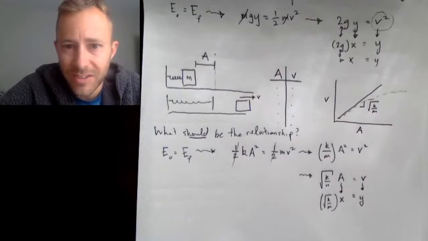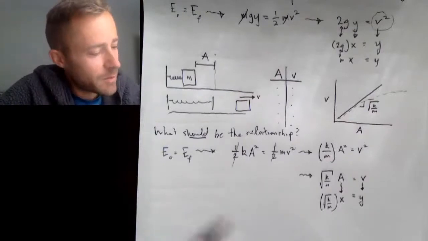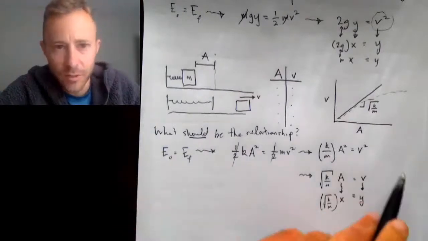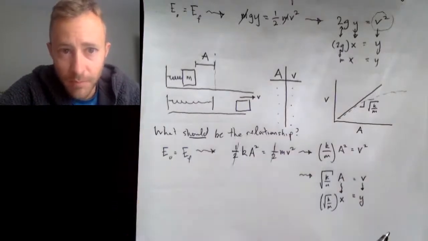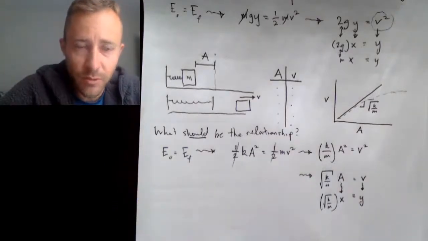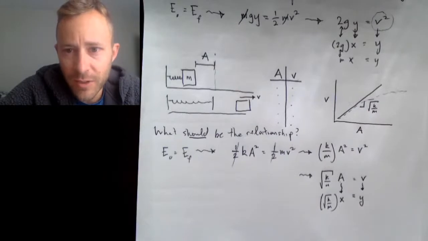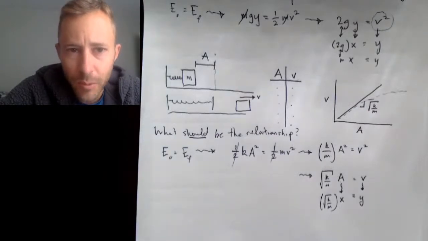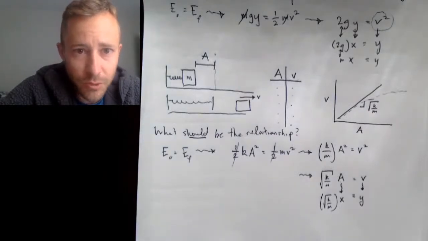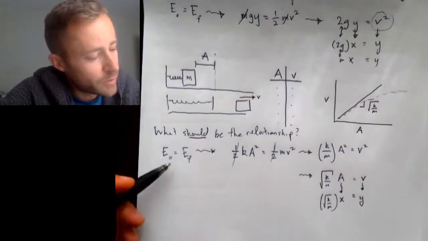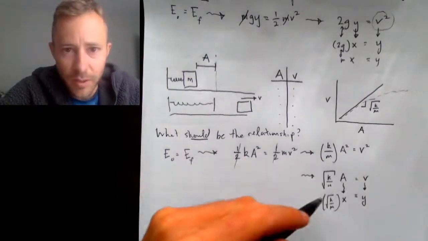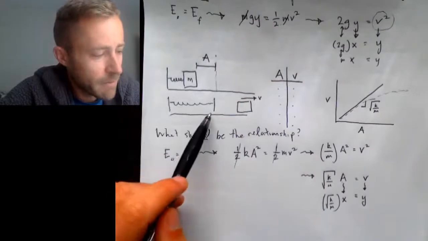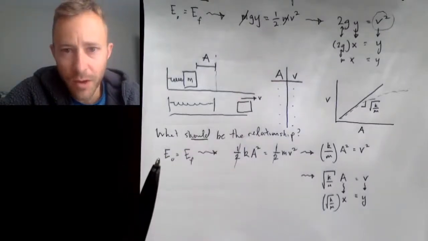And if the data is different from what you expect, then that means that your assumptions are wrong, or it means you discovered new physics. In this case, I would say that probably your assumptions are wrong because this relationship is assuming that there is no friction affecting the motion of the block.